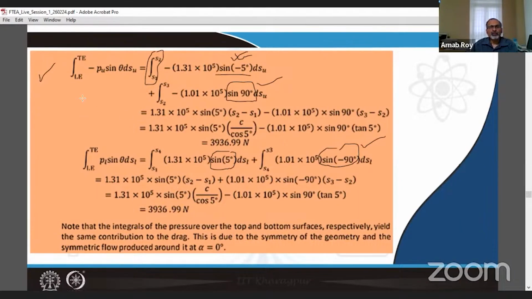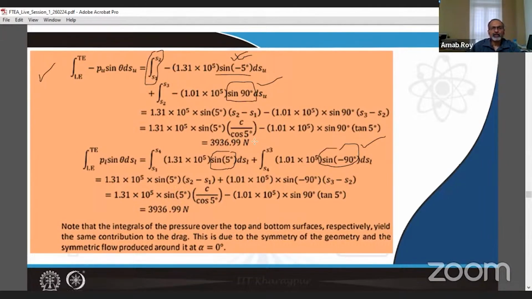Note that when it comes to drag, whether it's pressure or it's shear stress, it's always going to yield positive values as long as you are talking about a viscous situation. So here, though we haven't solved viscous equations to generate these numbers, they have been given in such a manner that they do simulate a situation somewhat similar to that.